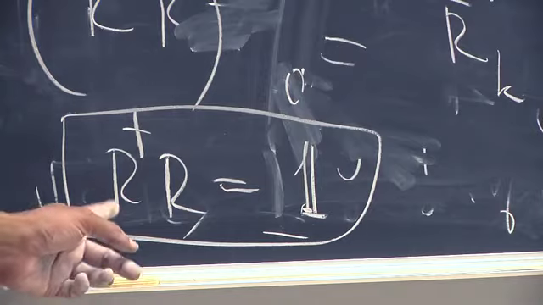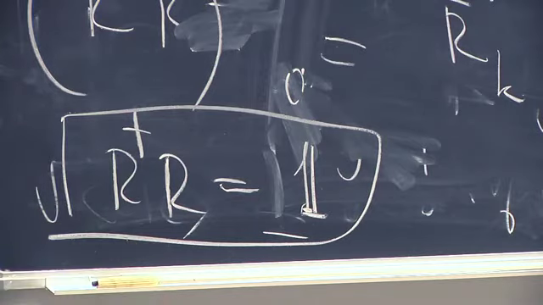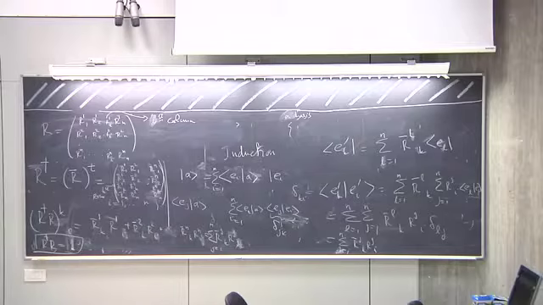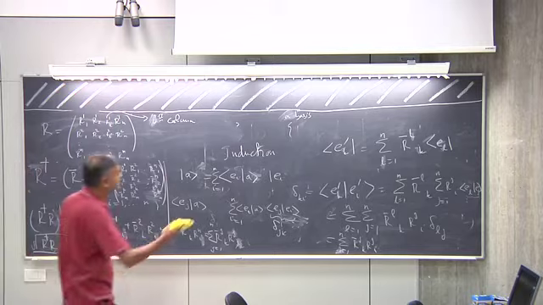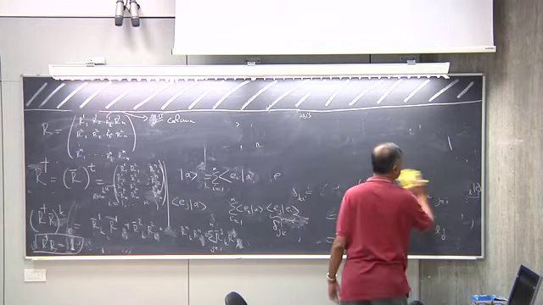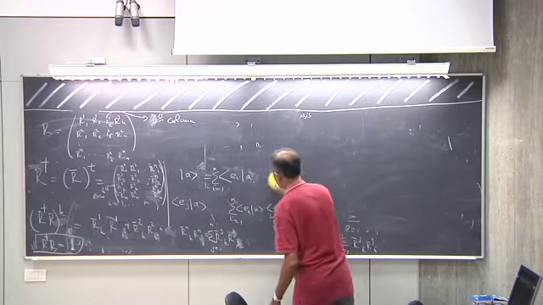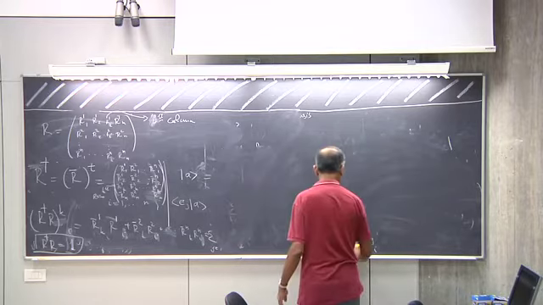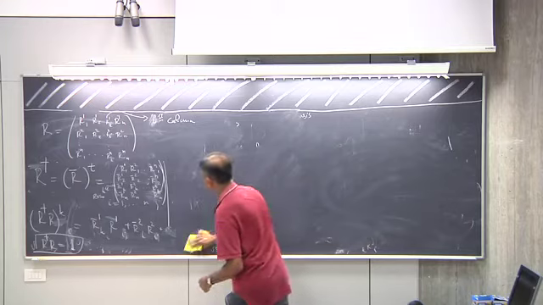Such matrices which satisfy this condition are called unitary matrices. There's a name for these matrices. They're called unitary matrices. Okay. So write it this way, just the definition.